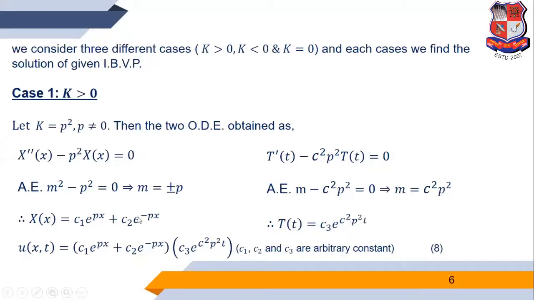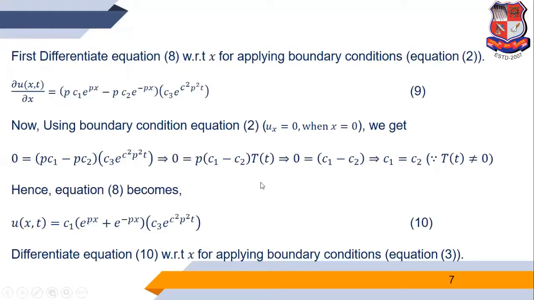Now combine both, then we get u(x,t) is equal to c1 e raised to px plus c2 e raised to minus px, times c3 e raised to c square p square t, where c1, c2, c3 are arbitrary constants. Now applying the boundary condition, equation number 2.